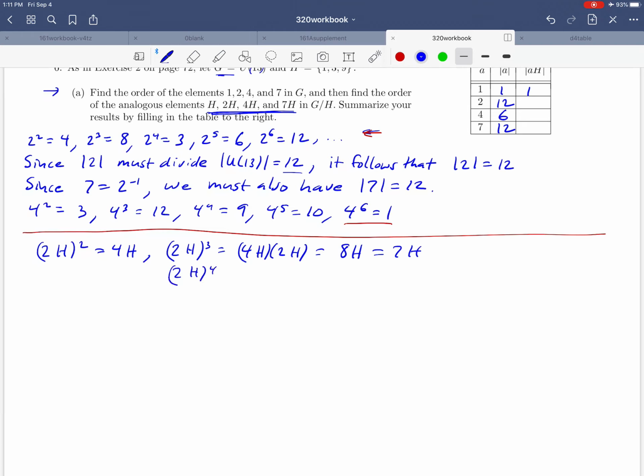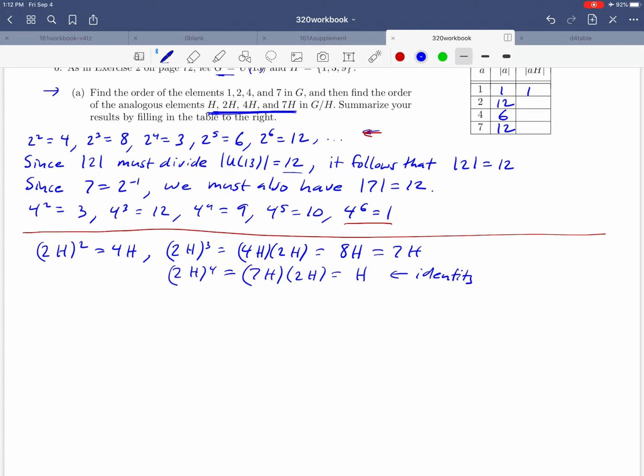Okay, what about 2H to the 4th? Well, that would be taking the 7H that we got in the previous step, that was 2H cubed, and then multiplying by 2H again. So that's 14H. Again, that doesn't appear on this list. It must be equal to one of those. So if we sneak a peek back at our Cayley table, I'm not going to scroll again, but you can look back on page 72 and confirm that if you take 7H times 2H, you're going to get H, which is the identity.